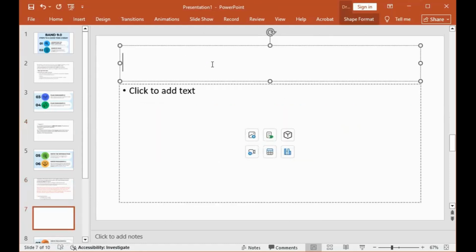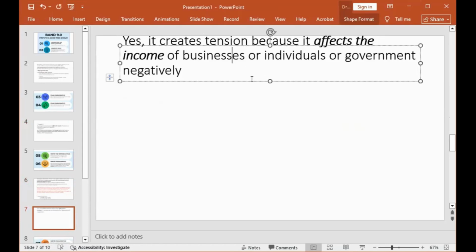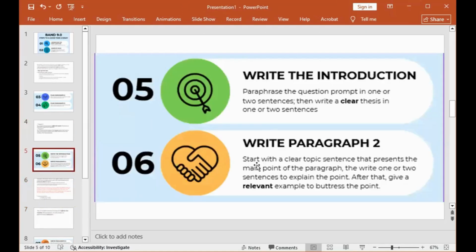Remember what we said about our body paragraph: start with a clear topic sentence. What is a topic sentence? A topic sentence is a sentence that presents the main idea of a paragraph.